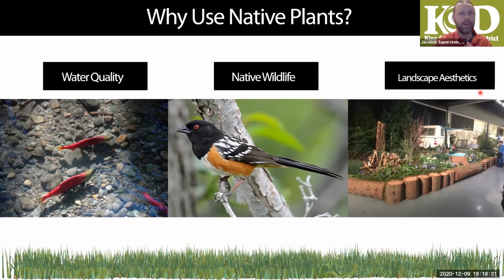Every year we've done a display garden at the Northwest Flower and Garden Show, and that's our display garden from last year. Unfortunately, we're not doing it this year because of COVID, but next year when this is all behind us, I encourage you to go to the Northwest Flower and Garden Show. It's usually in February at the Seattle Convention Center. Come check out our booth, look at the native plants, feel and touch and smell them up close, and get inspired there.